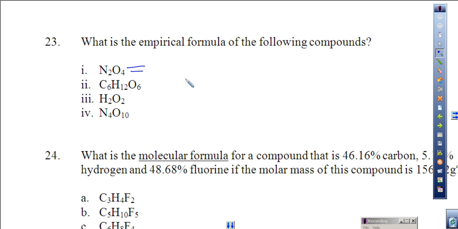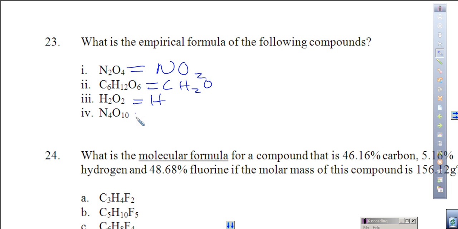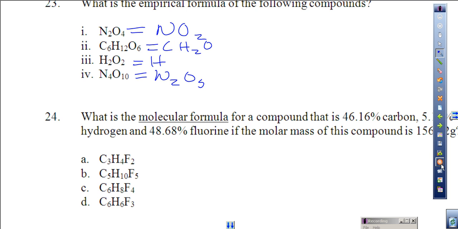So what's the common denominator for N2O4? So NO2. What about this guy? What's the empirical formula of this? CH2O. Divide everything by 6. All right, what's H2O2? HO. And what's N4H10O10 going to be? N2H5O5. Good.